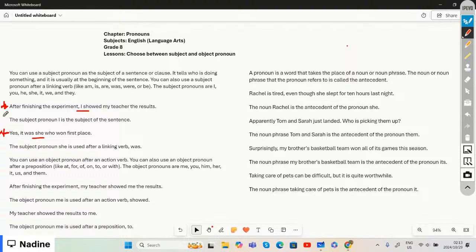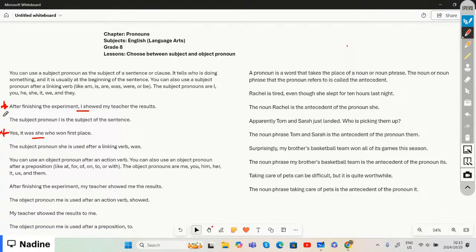You can also use an object pronoun after a preposition. Remember, prepositions are more like linking words, and they are words like at, for, of, on, to, or with.